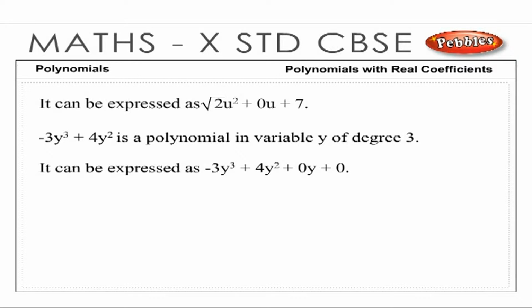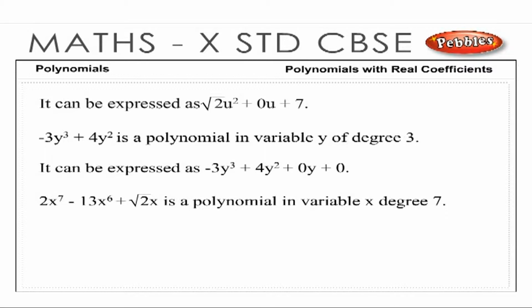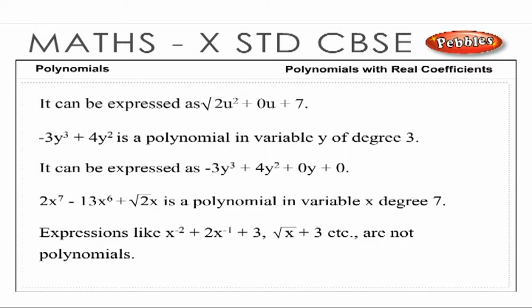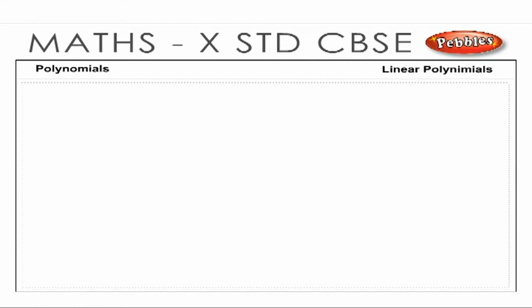It can be expressed as minus 3y cubed plus 4y squared plus 0y plus 0. 2x to the power of 7 minus 13x to the power of 6 plus root 2x is a polynomial in variable x of degree 7. Expressions like x to the power of minus 2 plus 2x to the power of minus 1 plus 3, root x plus 3, etc. are not polynomials.